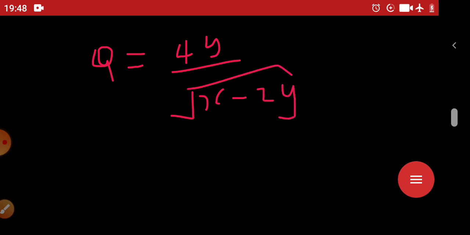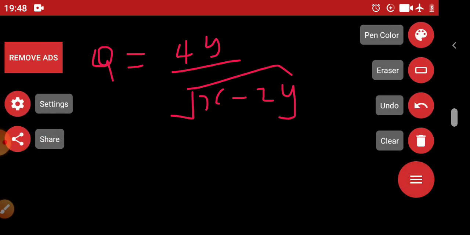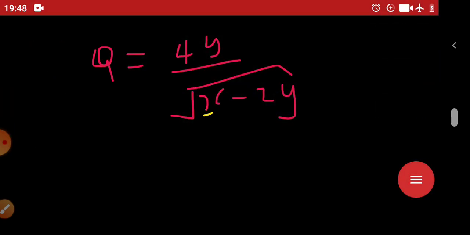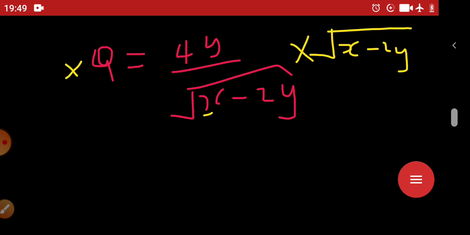Here we are required to make x the subject of the formula. First we need to remove the denominator. We can remove the denominator by multiplying, because it is divided, so we need to multiply both sides.